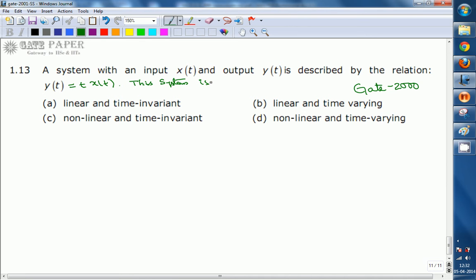This is the given question. We need to find whether the system is linear, time invariant or not, and choose the correct option out of the four.